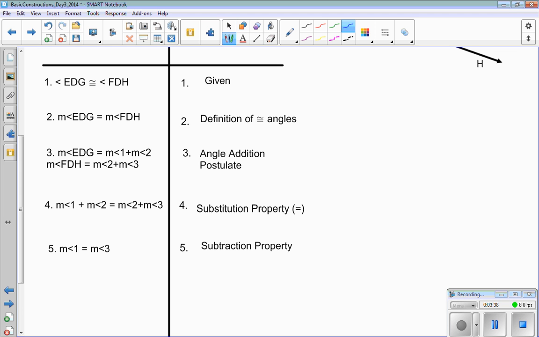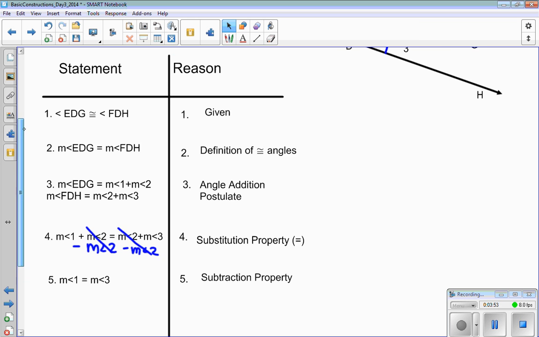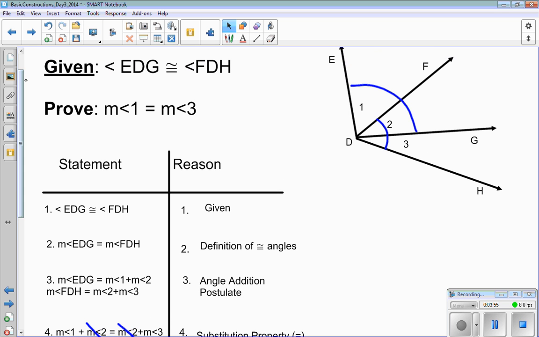I could subtract the measure of angle 2. Because if I do that, doesn't it cancel? And then I'm left with 1 is equal to 3. Okay? So this is just a little bit of a warm-up, so to speak, on what we're going to be doing with proofs. We'll jump into it generally and over time, but this is an example of something you're going to be working with and seeing.